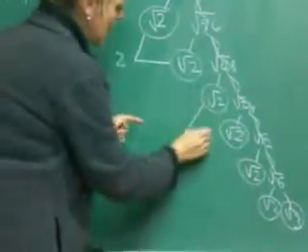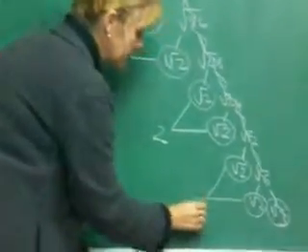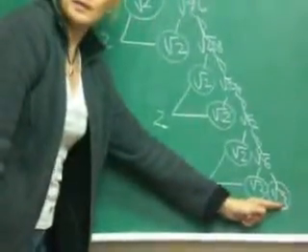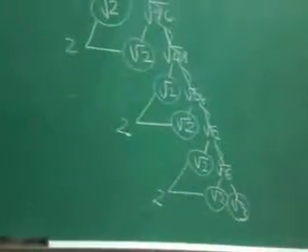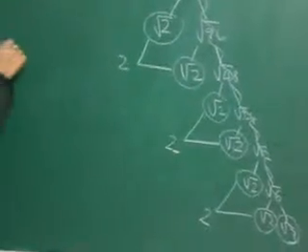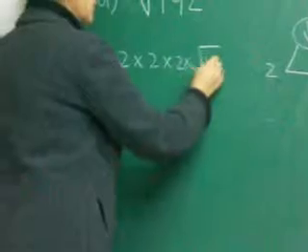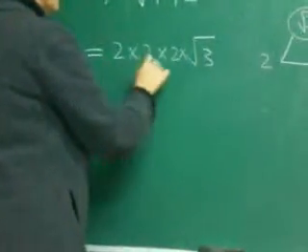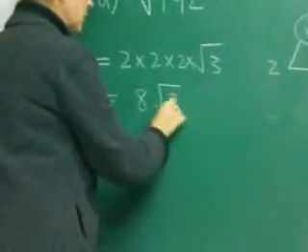Here's another pair, that will give me 2 again. And there's another pair, that will give me 2. What didn't get paired up is the root of 3. So that is equal to 2 times 2 times 2 times the root of 3, and 2 times 2 times 2 is 8, so 8 root of 3.